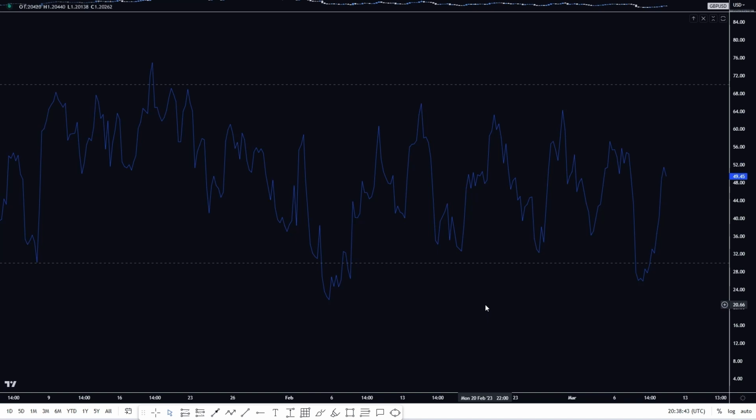Now, we've got two lines on the chart, we have the RSI upper band and the RSI lower band. Now, the RSI lower band runs along the 30 line, as you can see, it's running along the 30 point, and the top band will be running along the 70 point. So everything above the 70 line will be the top 30%, and everything underneath the 30 line will be the lower 30%.